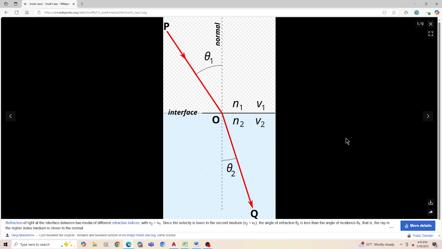The vertical gradient refers to a direction. Okay, and if we have light traveling through our atmosphere, it has to, A, have an angle of incidence, and exit with an angle of refraction.